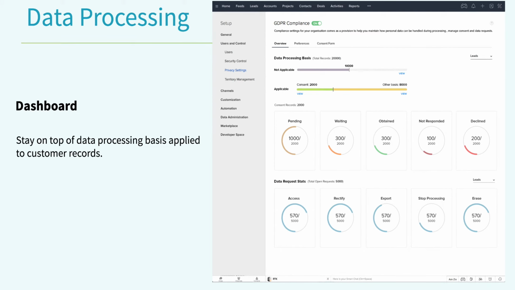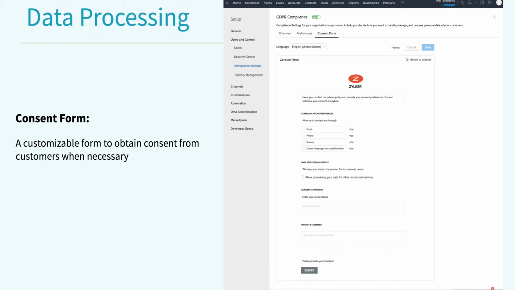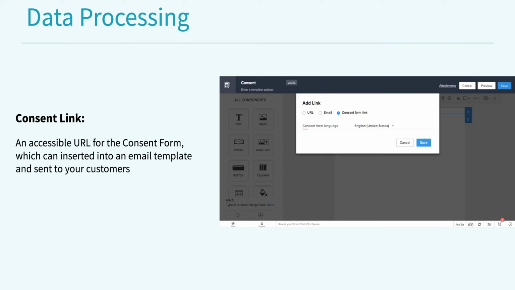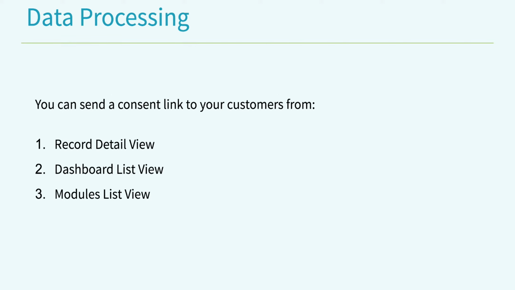So we will quickly go through these dashboards, a centralized place where you can see all the things together, and you can take a call on how to apply the data processing basis and other things. And then the consent form. The consent form looks like this, and this is how you can send the link of the consent form through the email templates, and the places from which the consent form can be sent to the customers.